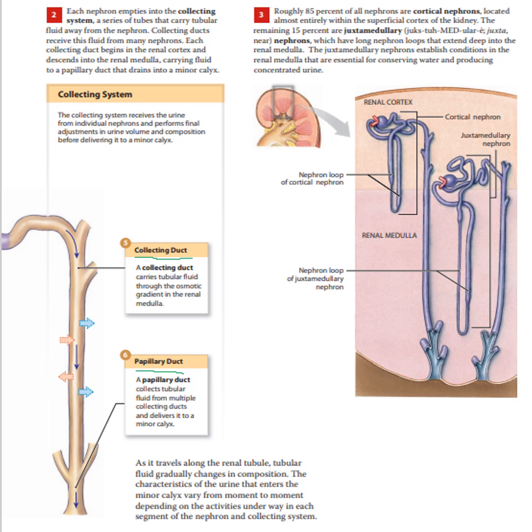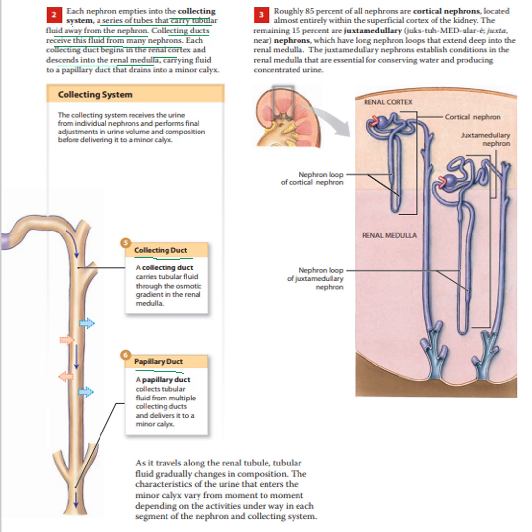So each nephron empties into the collecting system, a series of tubules that carry tubular fluid away from the nephron. A collecting duct receives fluid from many nephrons. Each collecting duct begins in the renal cortex and descends into the renal medulla, carrying fluid to the papillary duct that drains into the minor calyx.